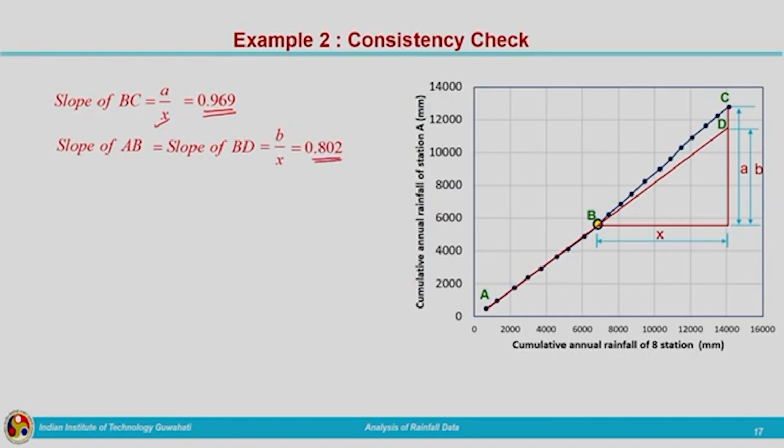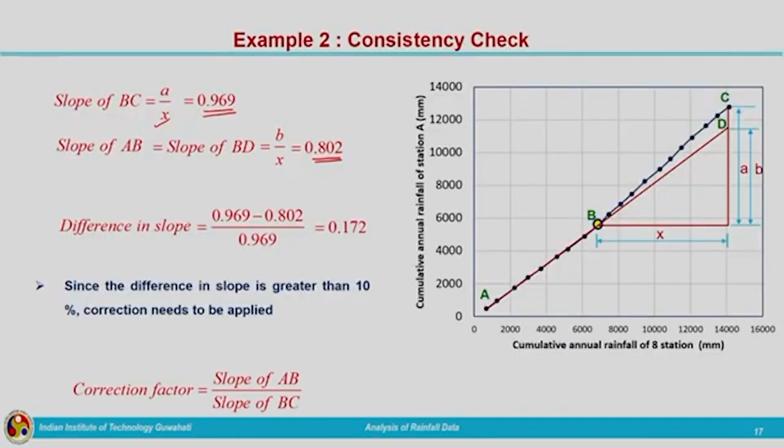Now what we need to check is whether the difference in slopes is within 10% or more than 10%. The difference in slope is calculated to be 0.172, that is around 17%. If it is more than 10%, we need to apply the correction. So, the next step is to calculate the correction factor.